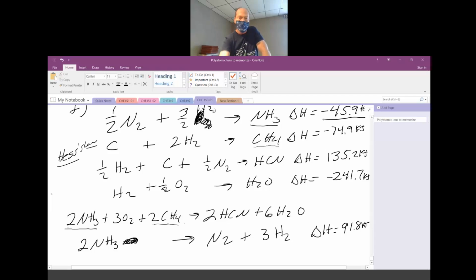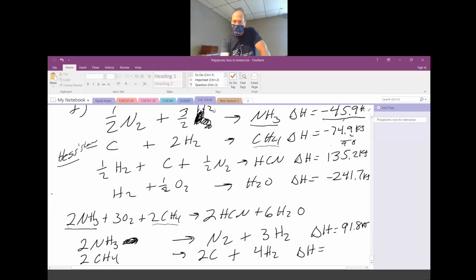So we have 2 CH4s yielding 2 carbons and 4 hydrogens. And the delta H for that reaction, we have to change the sign, so now it's positive, and we have to multiply it by 2.